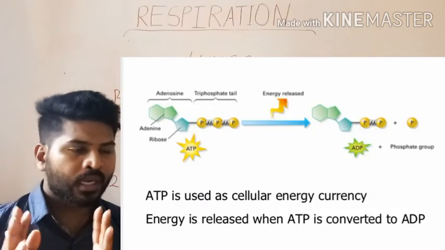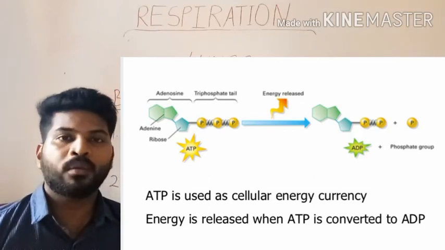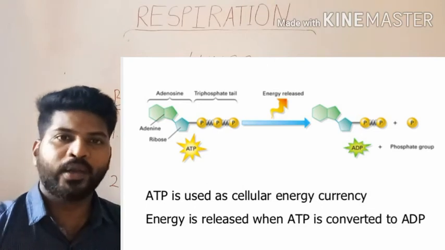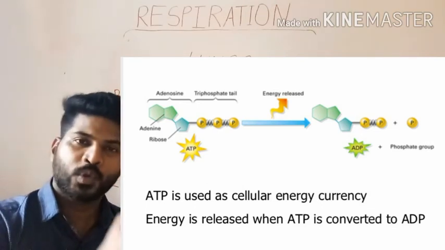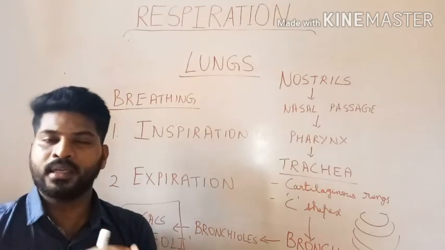For example, we can compare this ATP molecule to our mobile phone battery. When the mobile phone battery decreases, what do we do? We put it for charging. So once again the battery will increase, isn't it?